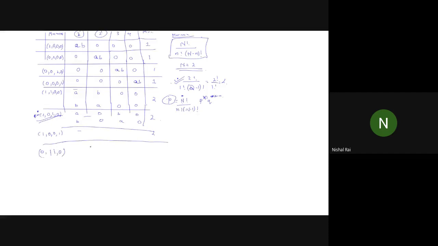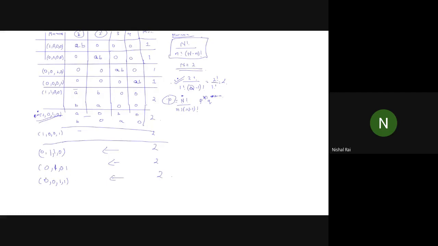Again, this will have 2. And after that, you can have 1, 0, 1, so again this will have 2. And apart from this, 0, 0, 1, 1 is also a possibility. This will also have 2 number of microstates.